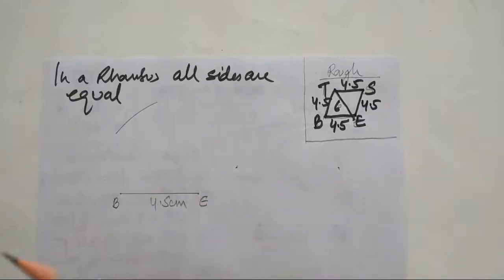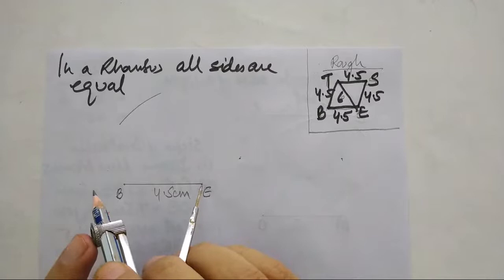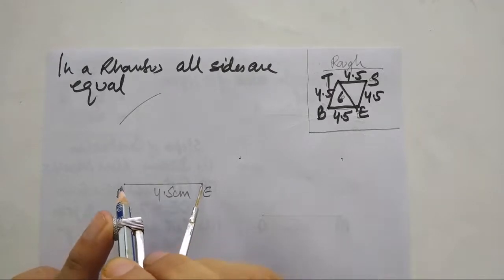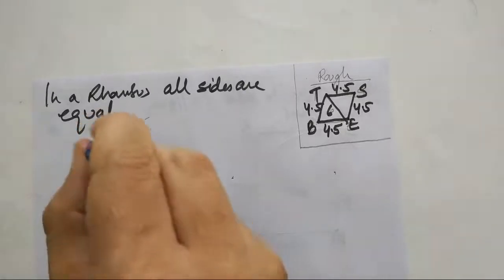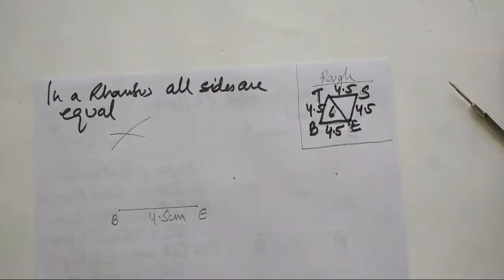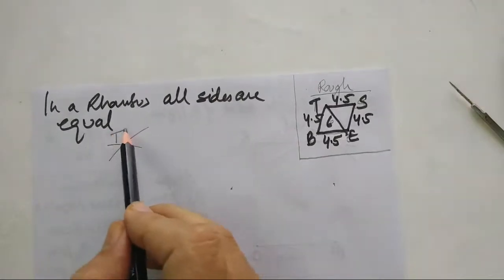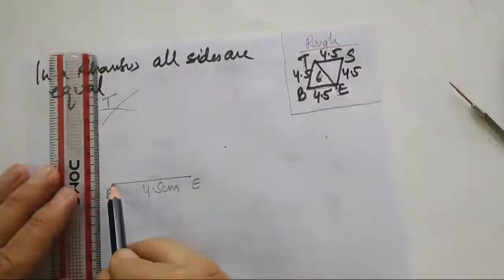So I can measure 4.5 from here only. So I am using this length to measure 4.5 and cut the arc. So this makes the part B, E and T. This point becomes T. So I will use a scale and connect them.